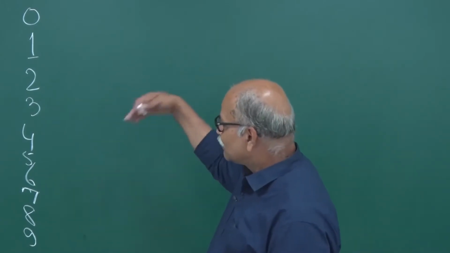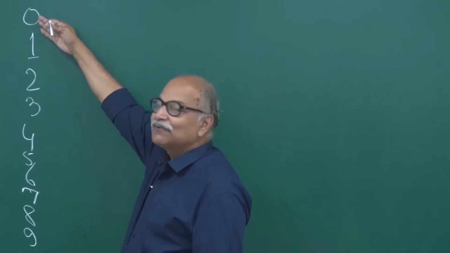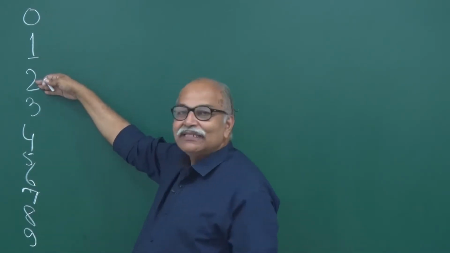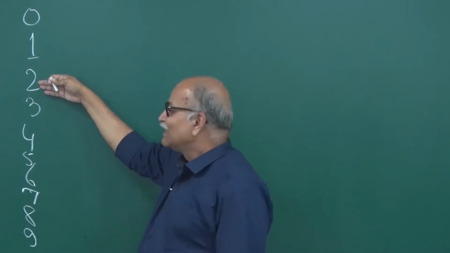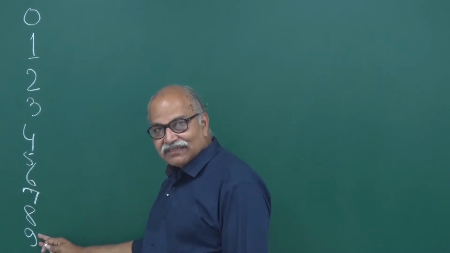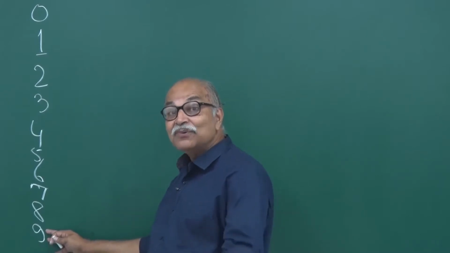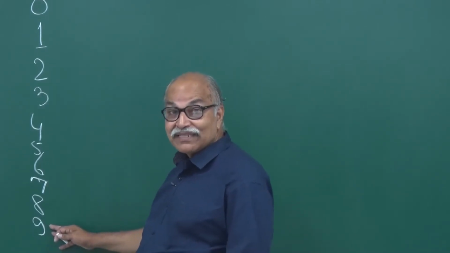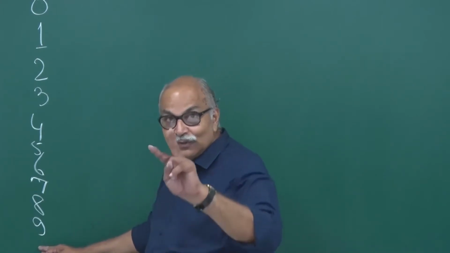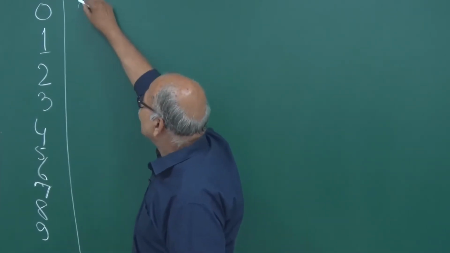You start with no flower, call it 0, and then 1 flower, you add 1 more, now you have 2 flowers, add 1 more, you have 3 flowers, and so on. Once you have 9 flowers and you add 1 more, you are going to the next number, and for that you don't have a single symbol, and therefore you use 2 of these symbols, and those 2 symbols are 1 and 0.